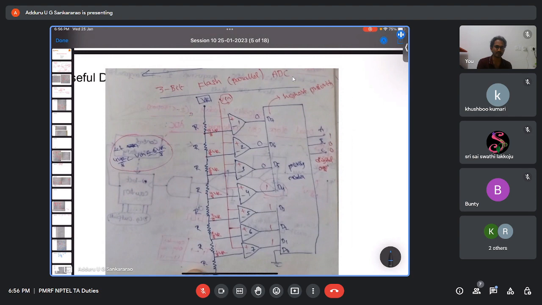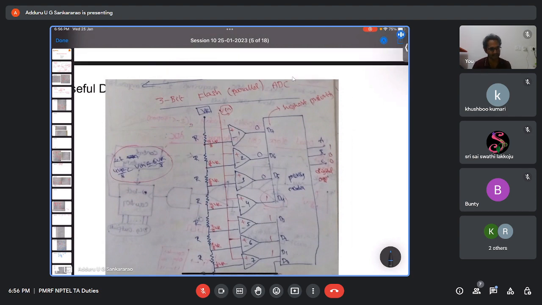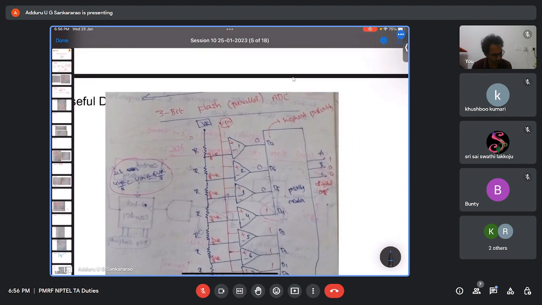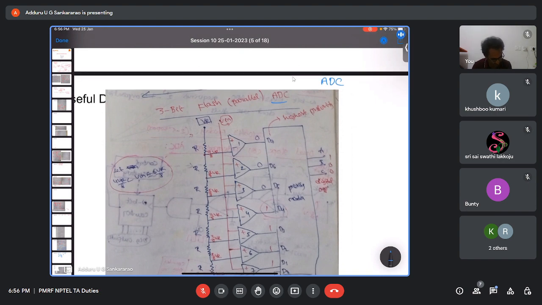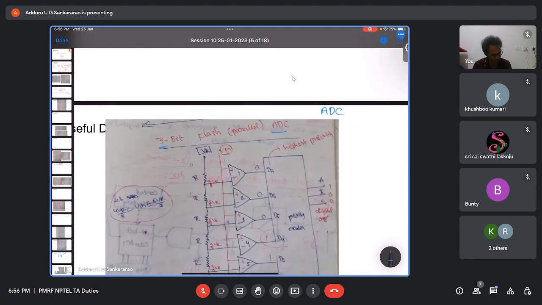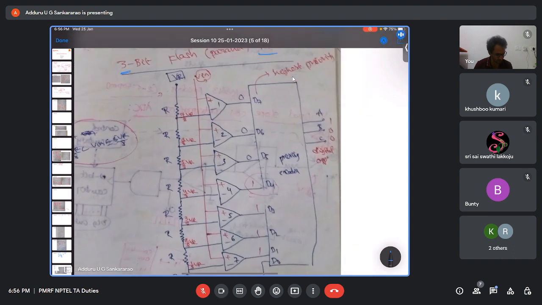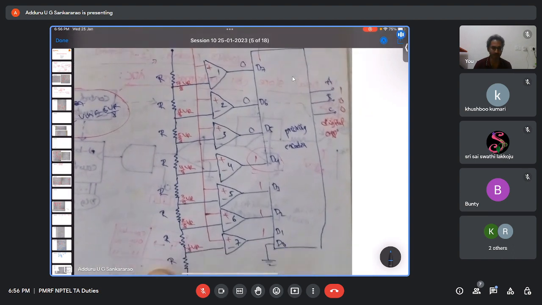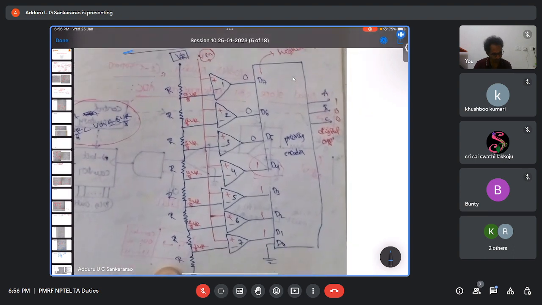The next one is flash ADC or parallel ADC, analog to digital converter. It's a 3-bit one, for example, I'm taking. So you have a priority encoder here, and you have comparators. You know what a comparator is? Op-amp comparator.